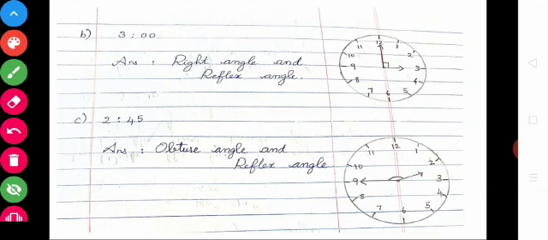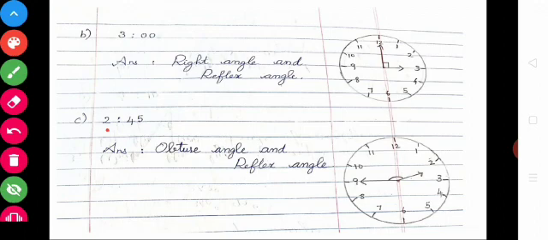What is the time? 3 o'clock. So draw the short hand at 3, and then the long hand at 12. What is that angle? It is 90 degree. It's looking 90 degree. So it is a right angle, and then on the other side it is a reflex angle. So right angle and reflex angle.